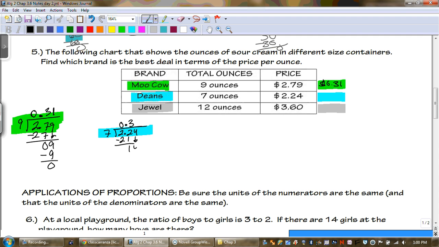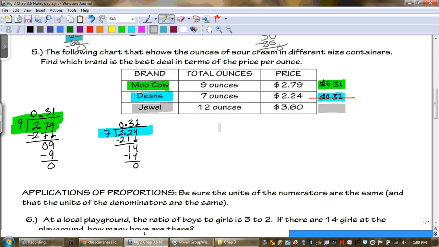Bring down the 4. Does 7 go into 14? It goes in there twice. And we get 0. So the Dean's is 0.32. Okay? So if I'm trying to find the best deal, I know it's not going to be Dean's, okay? Because the Moo Cow is cheaper.